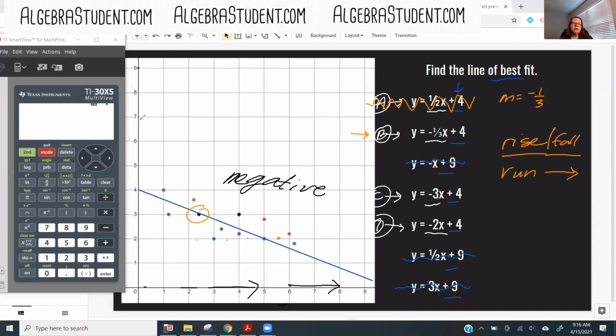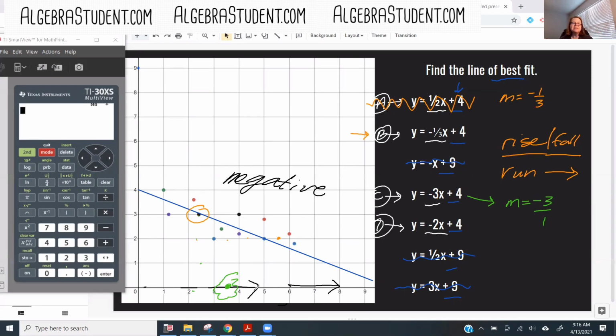Now let's try, let me change colors here, -3. That's a slope of falling 3 and running 1 to the right, because if it's just a number, you put it over 1. So from here, I'm going to go 1, 2, 3 and run to the right 1. Right here, I'm here to tell you that's nowhere near that line.